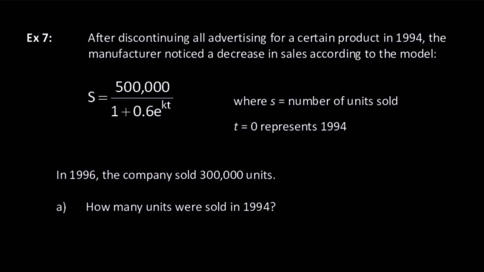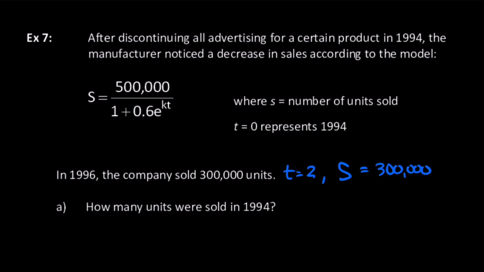S is the number of units sold. T equals 0 represents 1994. In 1996, the company sold 300,000 units. So that's a data point. Here we know when t equals 2, big S equals 300,000.